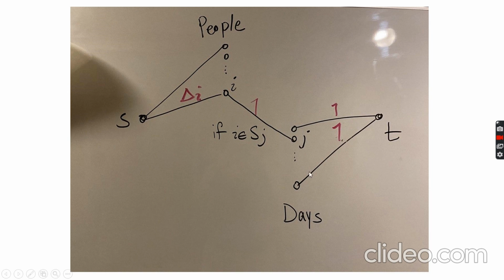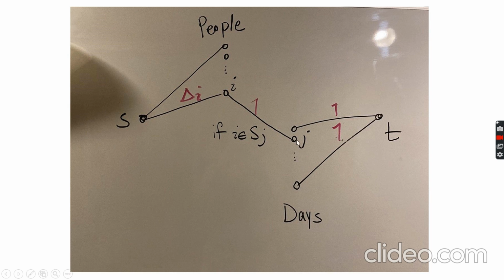First of all, we said that each day has only one driver, so the capacities of this kind are not going to be violated because we're going to be sending at most a flow of 1, so these are fine.